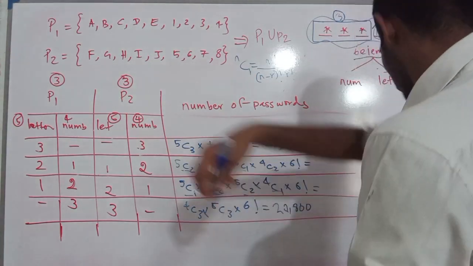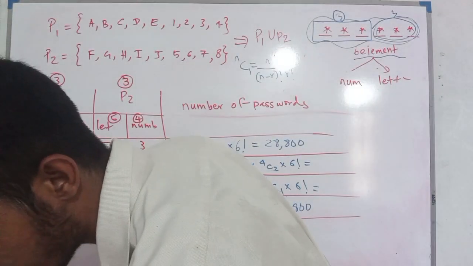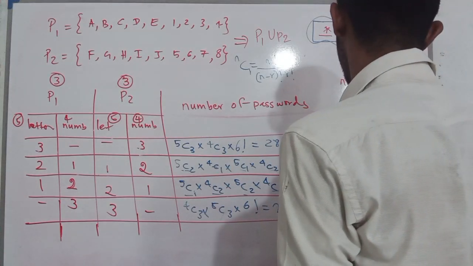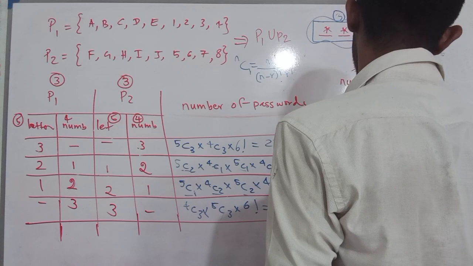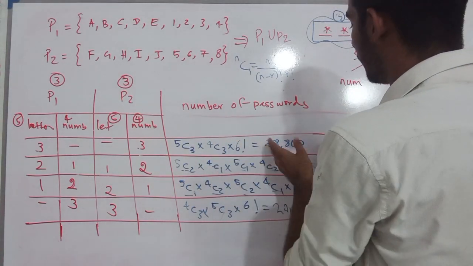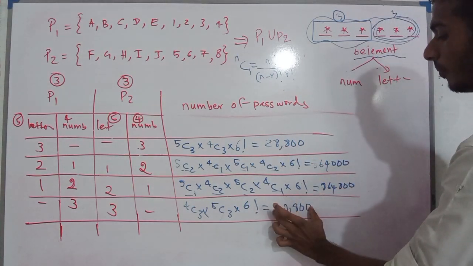Now you see, if you just simplify this, you get the answer as 864,000.